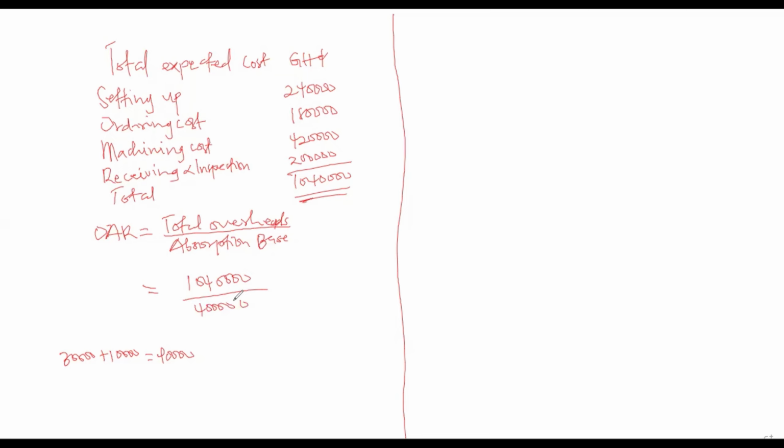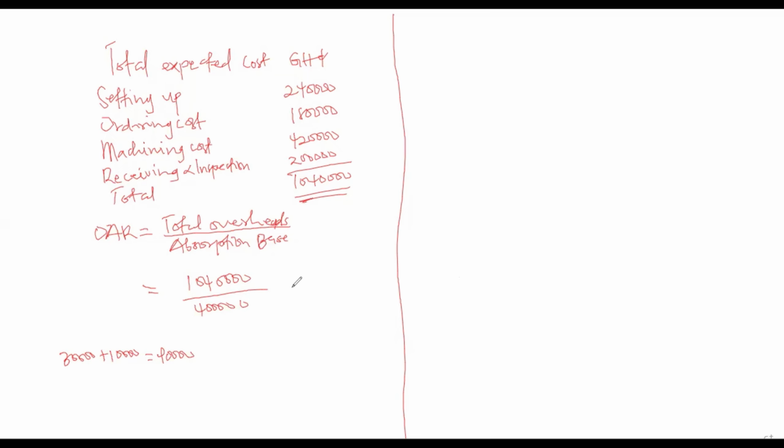We are doing this because the total overheads, sorry, 1,040,000 is for both module A and module B. So if you want to find the absorption rate, since the total overhead is for both of them, we need to add both the labor hours for module A and module B. That is 40,000.